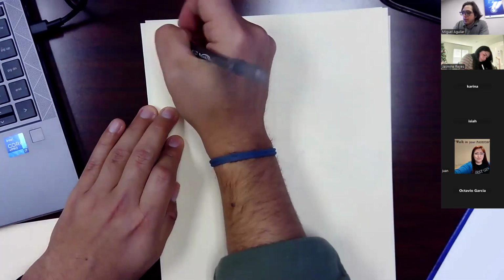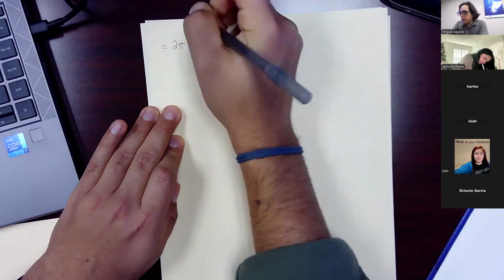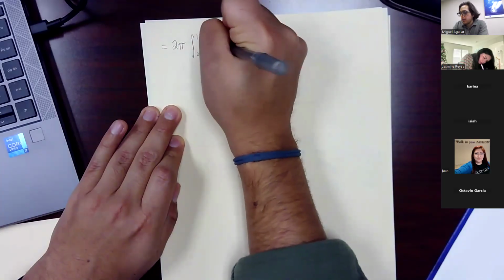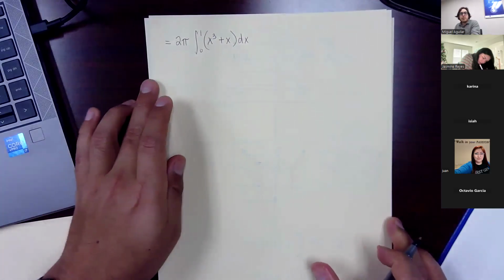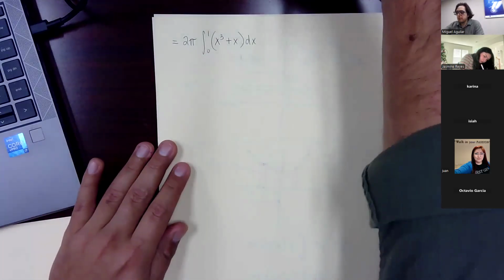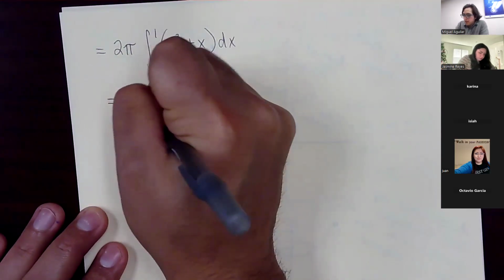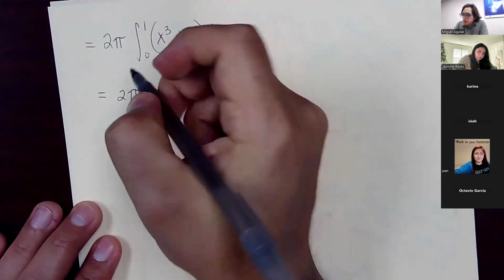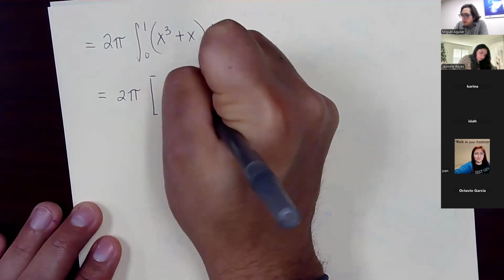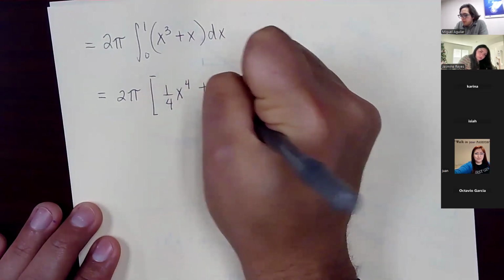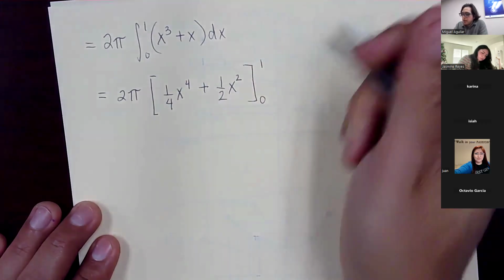So that's going to be 2 pi, integral from 0 to 1, of x to the third power plus x dx. So we should get 2 pi, and then when we integrate, this should be 1/4 x to the fourth plus 1/2 x to the second power, integrating from 0 to 1.